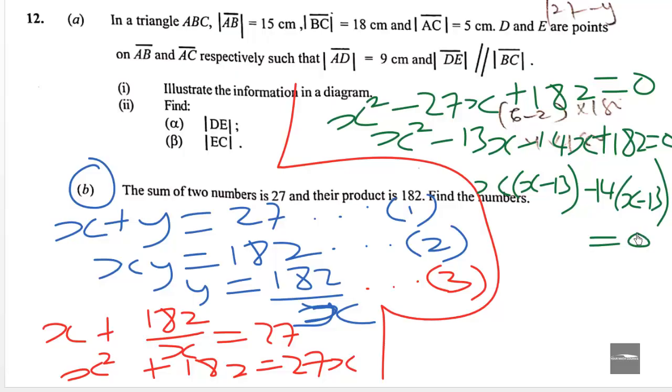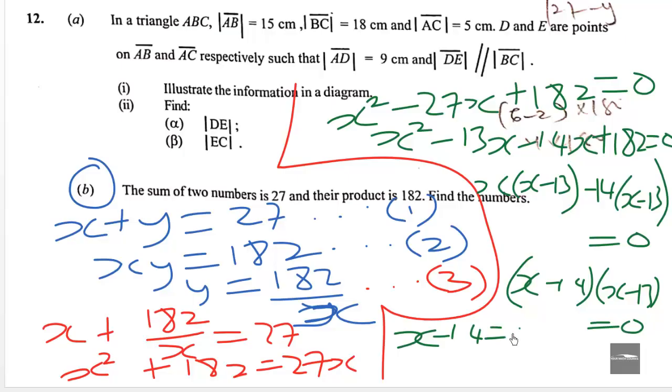So we now have x minus 14 times x minus 13 is equal to 0. So we will get x minus 14 equals 0, or x minus 13 equals 0. So x is either equal to 14 or x equal to 13.